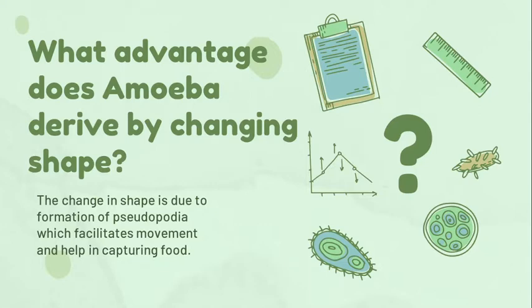In higher classes we can learn how the amoeba captures its food. So the answer is that the pseudopodia help and facilitate the movement of the amoeba and also help in capturing food.